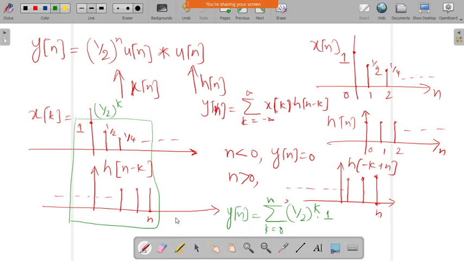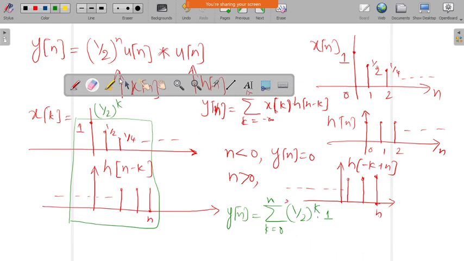Now we know the standard expression: the summation over n equal to 0 to n minus 1 of alpha power n is equal to 1 minus alpha power n divided by 1 minus alpha, when alpha is less than 1. This we know already, and it is similar to that.